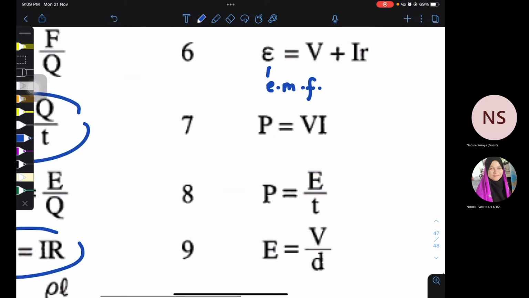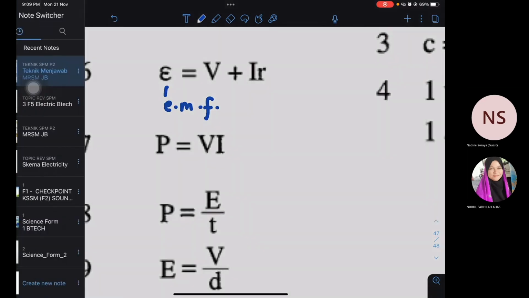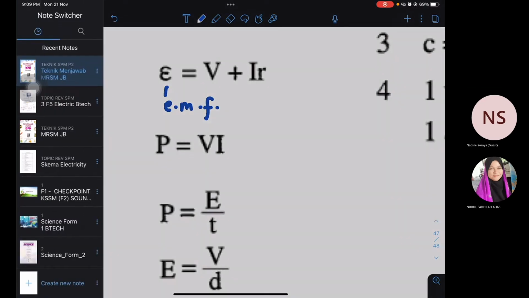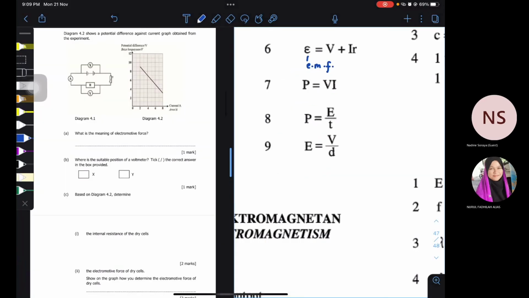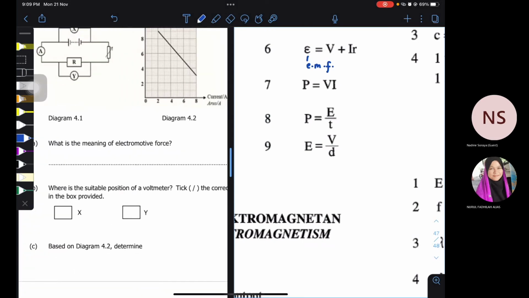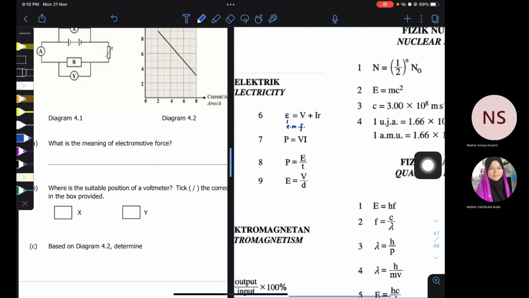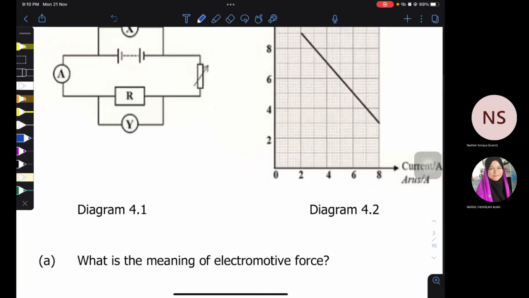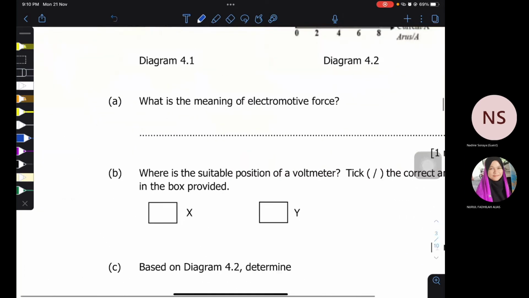What is EMF? Tetapi janganlah gelojoh kan. Kita kena tahu balik konsep. Boleh tak you tulis that formula? Tak boleh. Boleh tak guna symbols? Of course tak boleh. Jadi in conclusion we say kalau EMF we cannot use the formula given to write the definition.